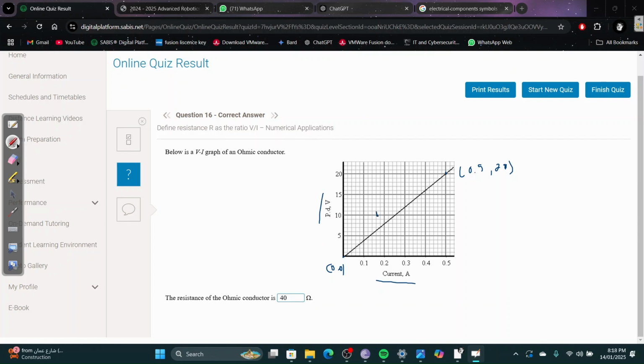The gradient M is gonna be the resistance. So 20 minus 0 over 0.5 minus 0. Remember, this is the slope: y2 minus y1 over x2 minus x1. 20 divided by 0.5 is 40, and 40 is your answer.